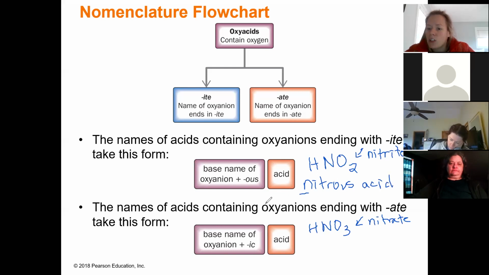Notice how there is no hydro. It's not hydronitrous acid. We don't do hydro with polyatomics. So just leave that off. This one here, this is ate. I ate something icky. So this becomes nitric acid.